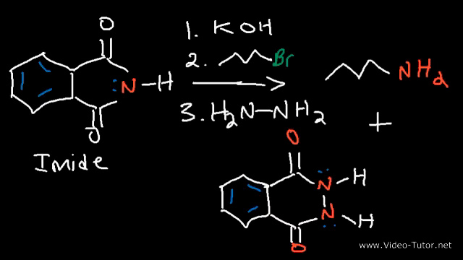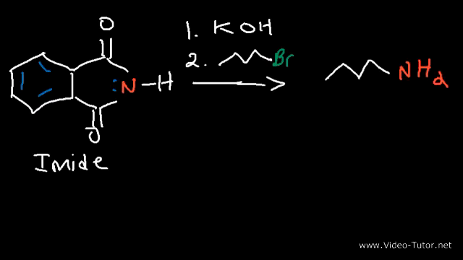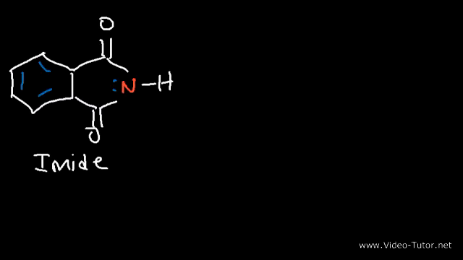Now let's talk about the other version of the Gabriel synthesis reaction. In the first step, you're going to use a strong base. So we're going to keep that the same, potassium hydroxide. The second step is going to be the same. You can use any alkyl halide, but we're going to use a different alkyl halide.